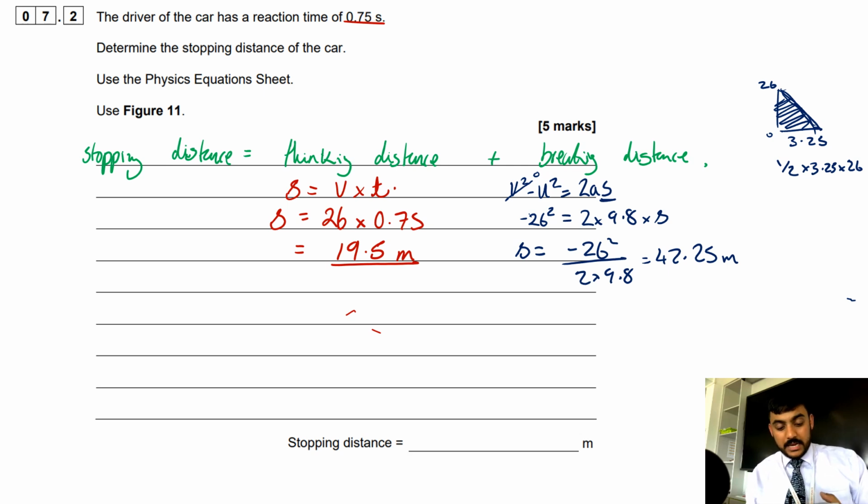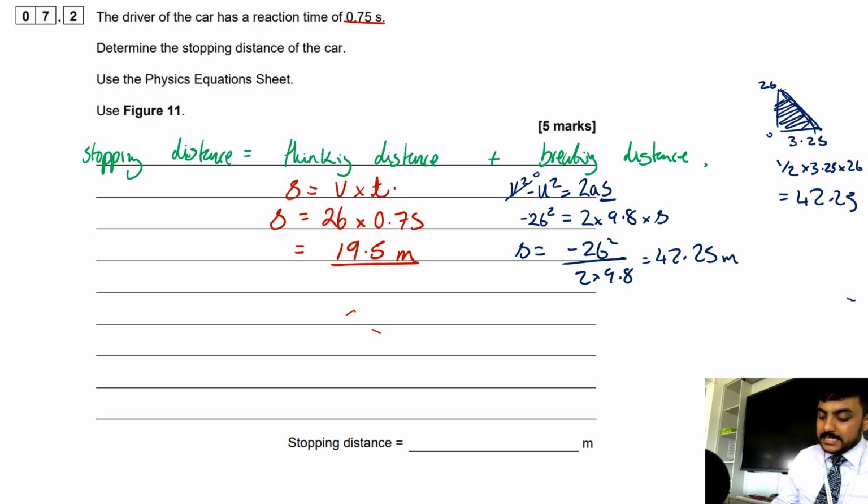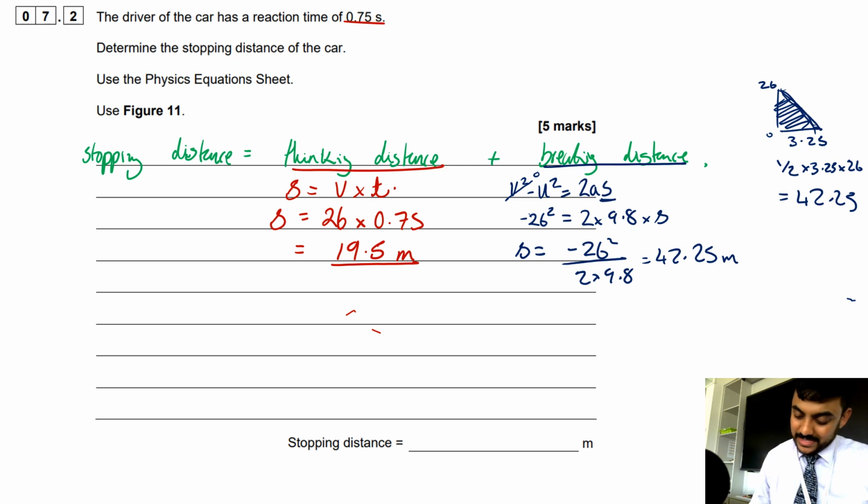I don't know why I'm doing it on the calculator, because it should give me the same answer, which is 42.25. So the blue is my braking distance, and the red is my thinking distance. Stopping distance is thinking distance plus braking distance. All I have to do at the end is 19.5 plus 42.25 gets me the answer, which happens to be 61.75 meters.